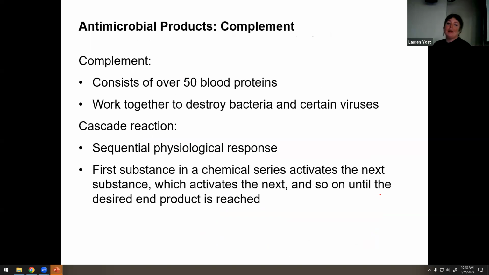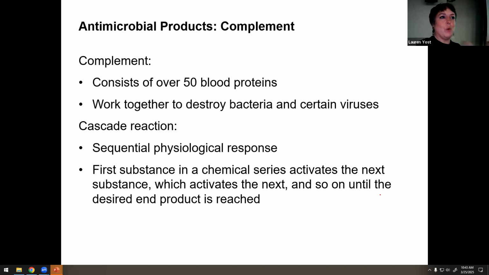All right, moving on to the complement cascade. This is a huge mystery to a lot of people, but it doesn't have to be. Complement is a set of about 50 proteins in your blood that's just there all the time. Think of it like bombs that are just hanging out in your blood at all times, but they're neutral, waiting to get activated. They're safe until they get activated.